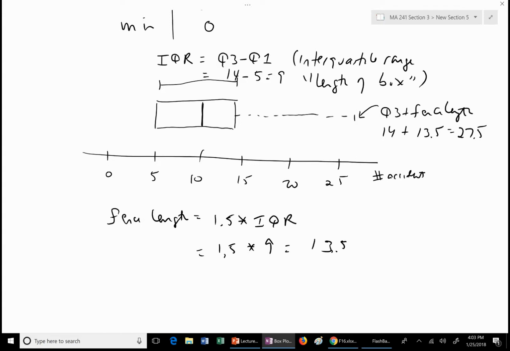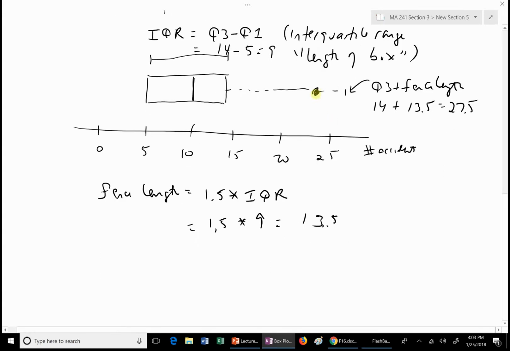What is it? 23. 23 is the largest value that's still within that fence, and that's what I'm going to plot. That's the whisker part. So this value right here, 23, this is the largest value within the fence. And this is the whisker, the upper whisker.